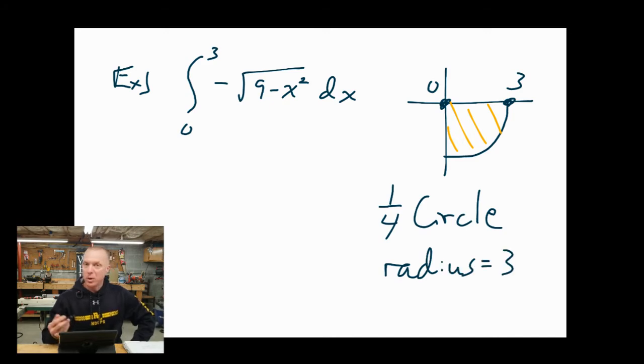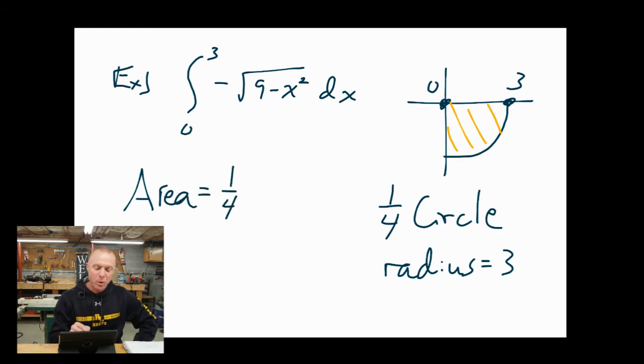And so, of course, we're getting ourselves a little bit closer to an actual answer, because we just need to do a quarter of pi r squared, a quarter of pi 3 squared. So it looks like 9 pi over 4, doesn't it?